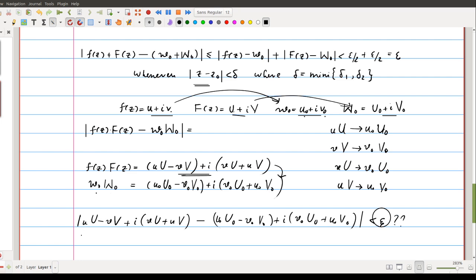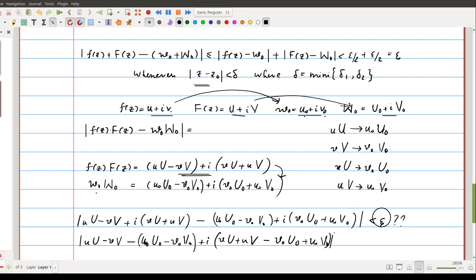That is because we rearrange these things: u capital U minus v capital V minus u naught capital U naught minus V naught capital V naught, plus I times (v capital U plus u capital V) minus (V naught capital U naught plus U naught capital V naught).